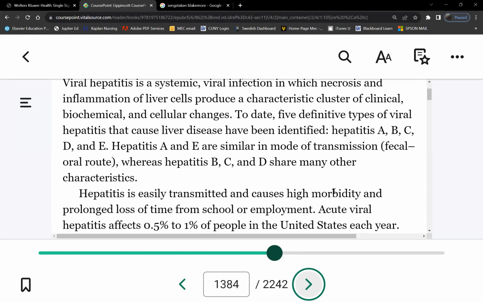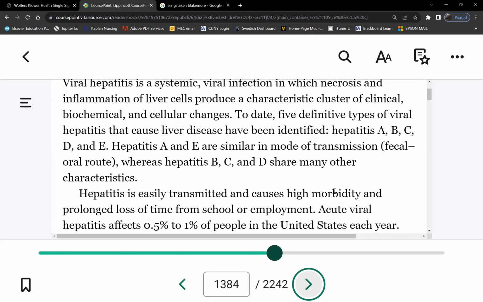Now the questions will be restricted on 3 things. Because signs and symptoms are similar, and these are contagious, communicable, we'll focus on the mode of transmission, which will help you remember how to prevent it, other than immunization, because not all have a vaccine.